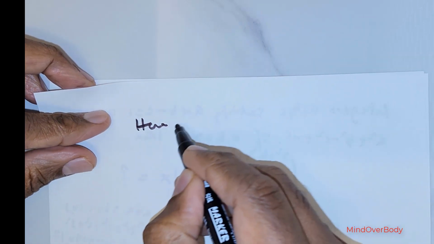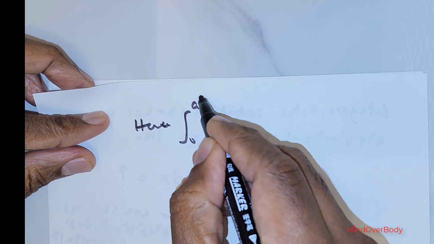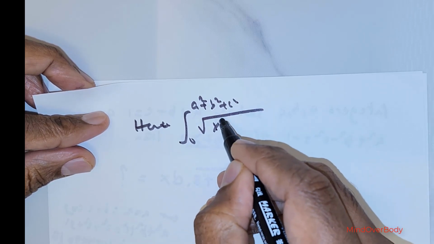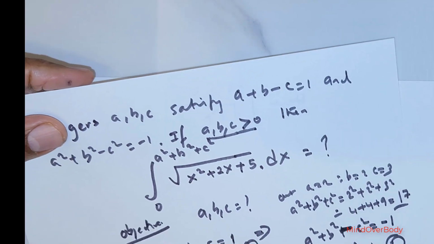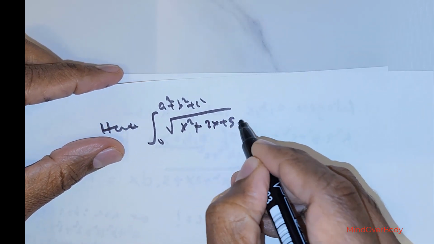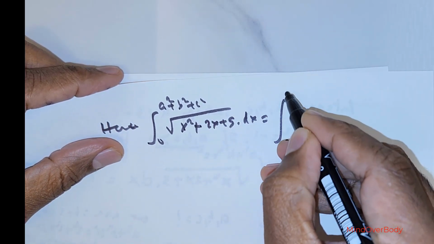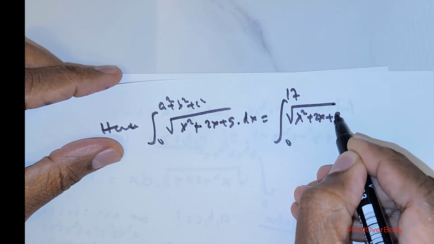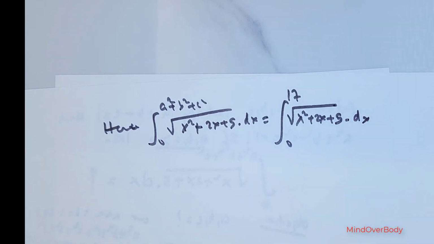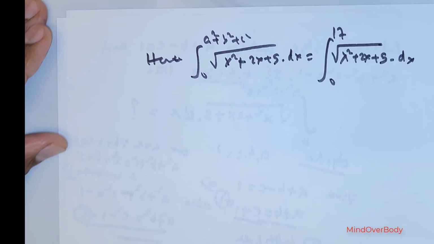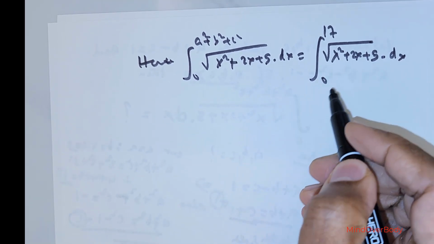So hence the integral 0 to a squared plus b squared plus c squared of root of x squared plus 2x plus 5 times dx is now 0 to 17 square root of x squared plus 2x plus 5 times dx. This is what we have got. So now our present challenge is to integrate this.